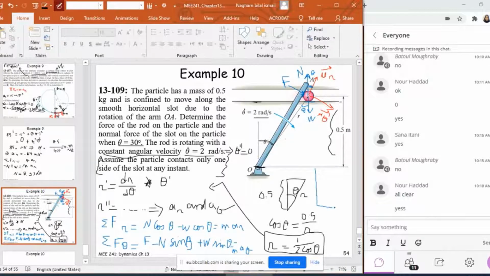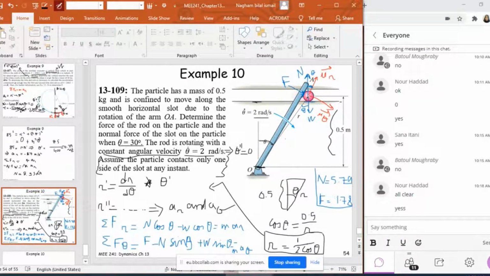All right, guys? Now, if you do all of these equations, you're going to have that N is equal to 5.79 Newton, and F is equal to 1.78, which means they are both positive, which means that the direction specified at the beginning of this problem is correct.